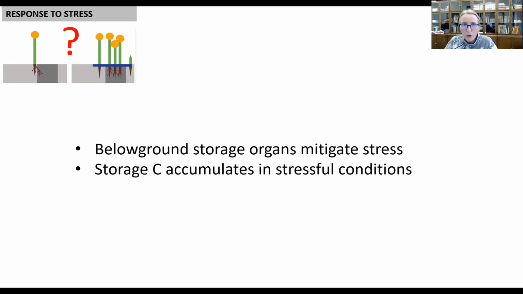There are two hypotheses which are going against each other. Either the belowground storage organs mitigate the stress, so the plant is accumulating this storage to be able to respond to stress and disturbance, or storage carbon is accumulated in stressful conditions because plants cannot grow, so it is accumulating a surplus of carbon, even if it is not using it.